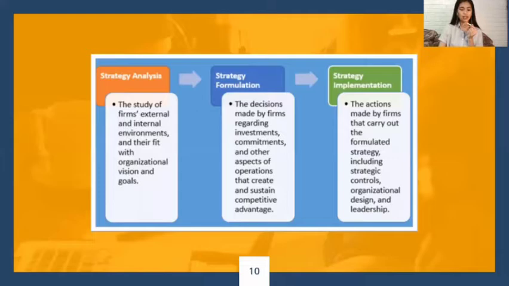So in strategy analysis, we are studying the situation that we have. Now we are trying to understand why these happenings occur and what the factors are that affect this occurrence.